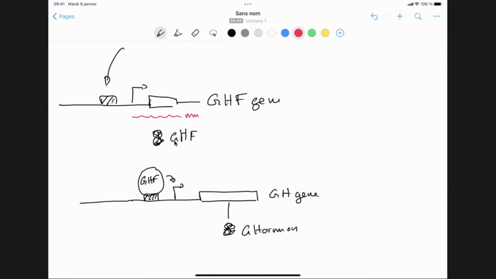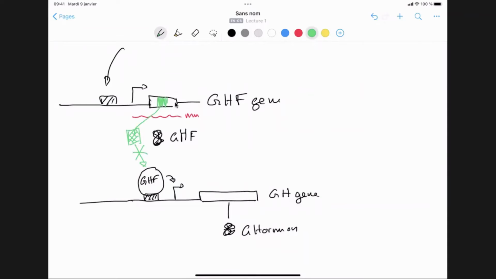In that case, you are completely right, but there are two potential origins of this problem. The first problem can come from a mutation in the protein sequence of GHF, which I put in green. It means that you will have a GHF that is produced but maybe is not functional.